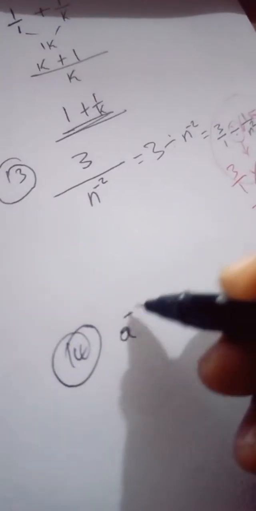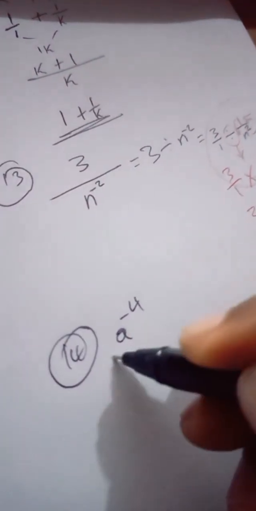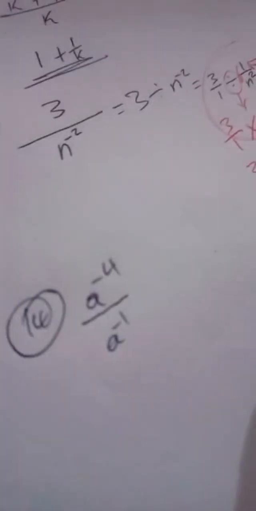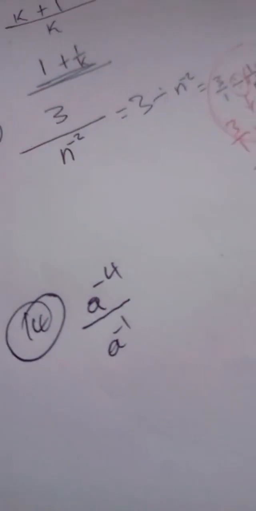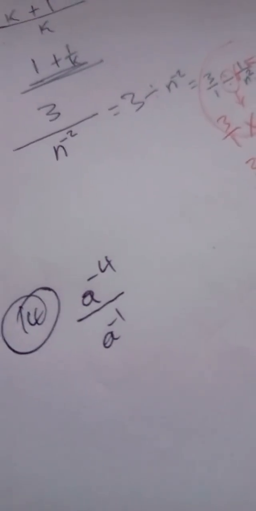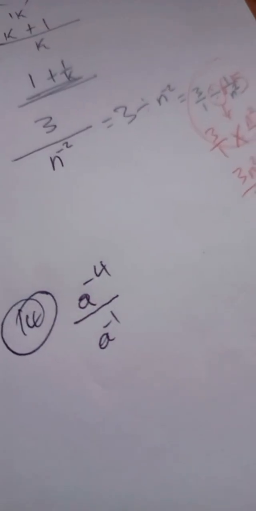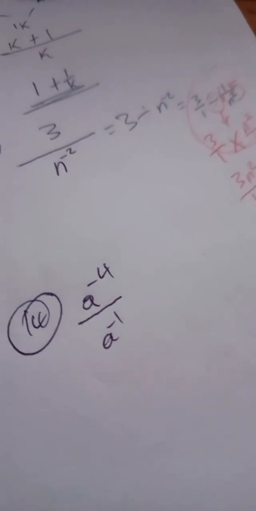A to the power negative 4 divided by a to the power negative 1. Yes, this is grade 8, 9, and 10. Exponents. Algebra.